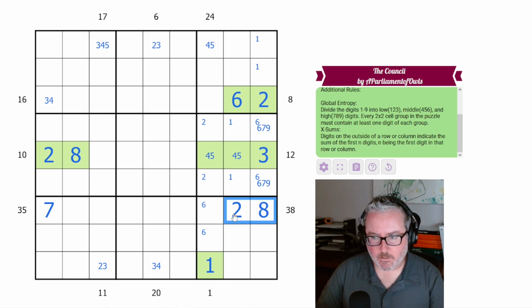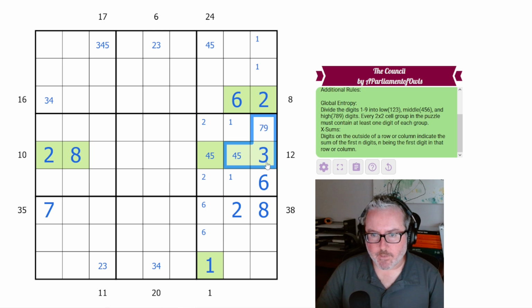We have a high and a low. We have to have a mid in here somewhere. Yeah, so that just gives it away. We can't put a mid here because 4, 5, and 6 are on all of these, but we have to have a mid in one of these. So this one has to be that mid, which means this isn't. This one can be anything because we already have a low, mid, and high.